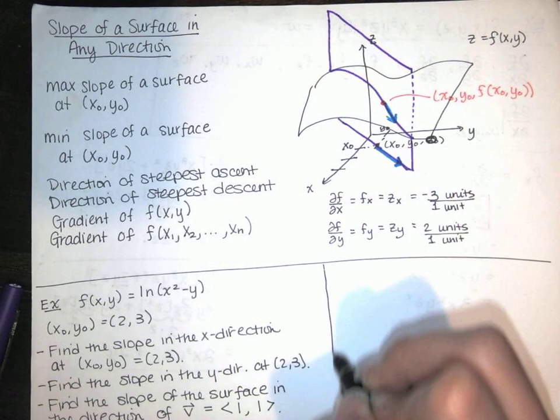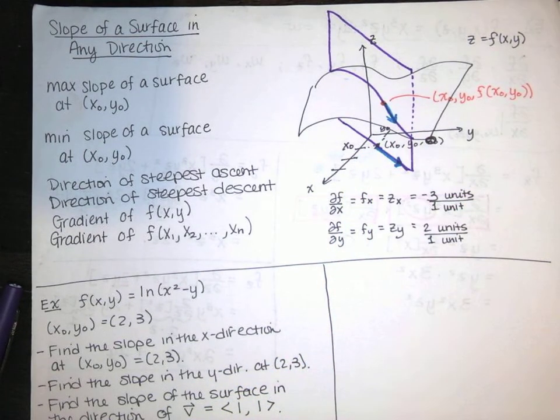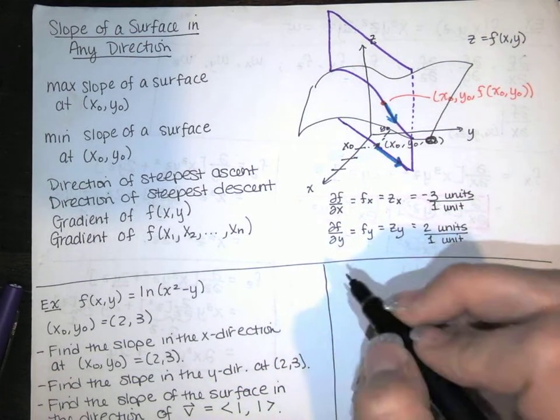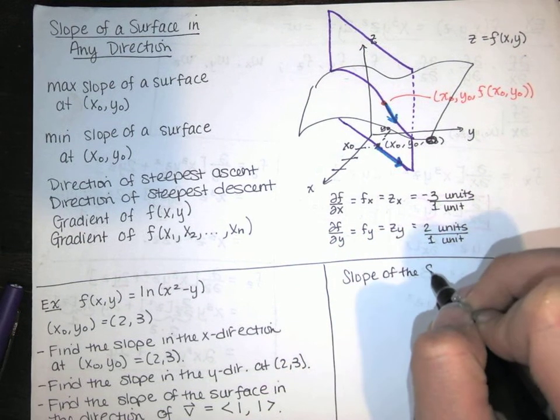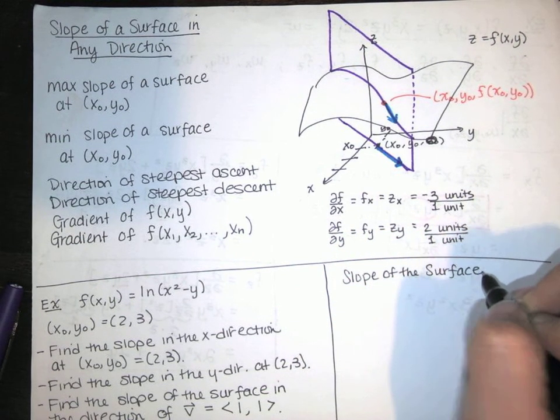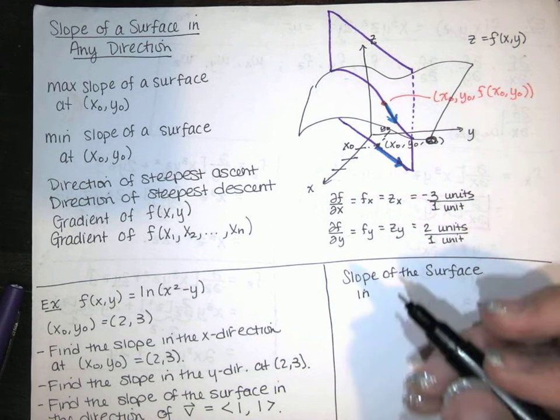This quantity that I'm talking about, the slope in the direction of a vector u hat. So it's the slope of the surface, provided that we're talking about z as a function of x and y, which gives us a surface.